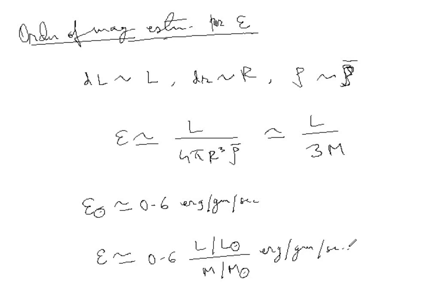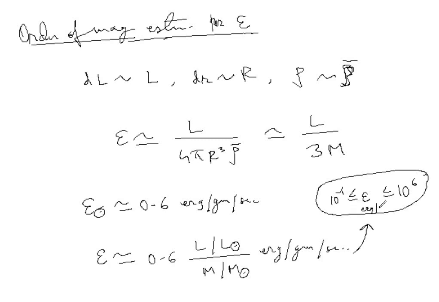Now, generally for main sequence stars, this value of epsilon lies between 10 to the power 6 to 10 to the power minus 1. Again, the units are erg per gram per second. This is important, you must remember.